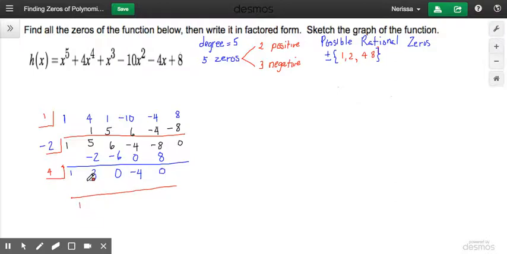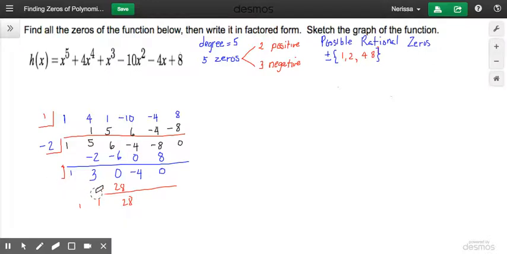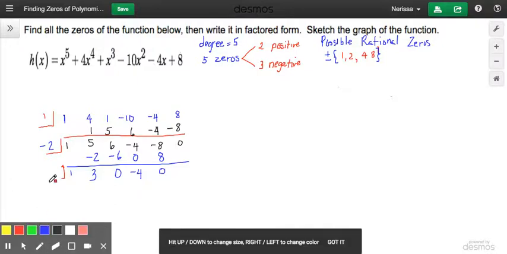So 1 times 4 is 4, 3 plus 4 is 7, 7 times 4 is 28, this is 28, 28 times 4 is a big number, 4 is not a 0. And I think 8 is not a 0. So at this point, maybe we should see if we can repeat the 0.